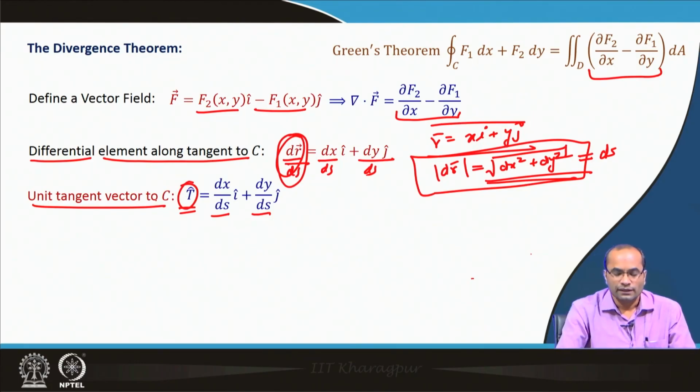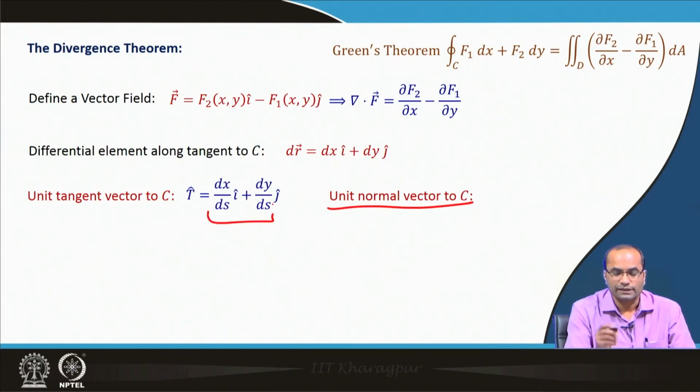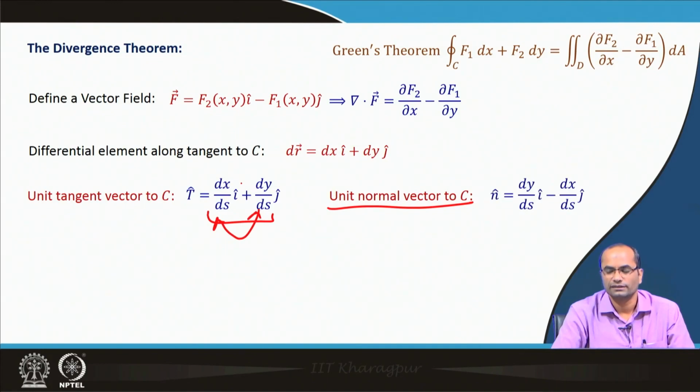And now we are going to get the unit normal vector to C out of this tangent vector. The normal vector will be perpendicular to the tangent vector, which is written here as dx over ds and dy over ds. So, we can just swap these and put a minus sign there, that is a trick.